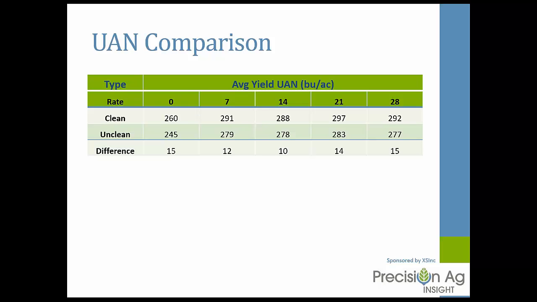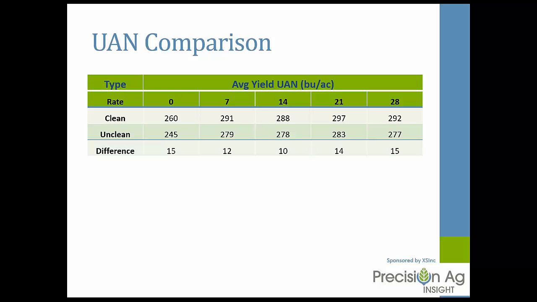But when we get into evaluating treatments, most everybody knows that on a large scale, oftentimes we're talking about a 1 or 2 bushel yield difference that we're trying to detect. So we still do have quite a range between those rates.